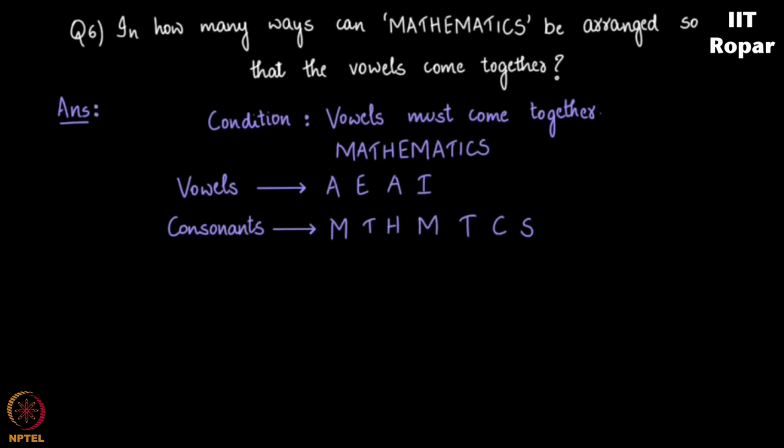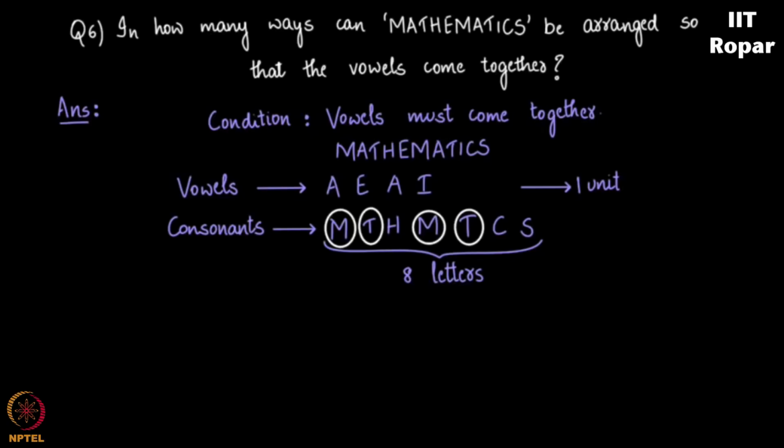So I'll do one thing. I'll consider these vowels as one unit and these consonants. There are 8 letters here. We see that M appears twice and T also appears twice. Let us first compute in how many ways we can arrange these consonants.